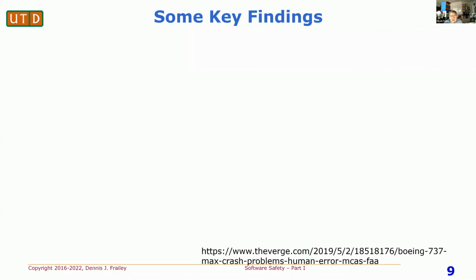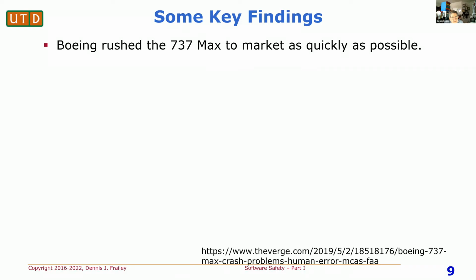Here are some key findings from the Boeing 737 MAX situation. One of the first findings, and this is often a problem with safety-related software: Boeing rushed the product to market and therefore cut corners in order to meet deadlines. That is a fatal mistake when you're dealing with safety critical software.